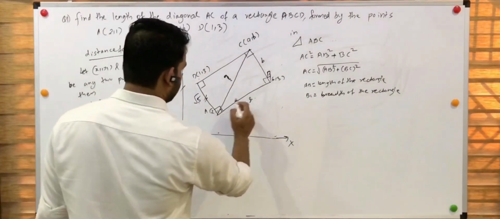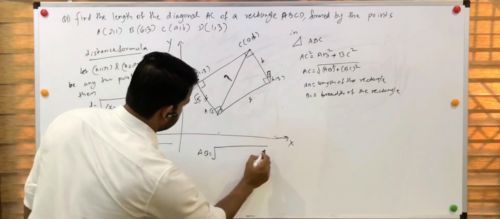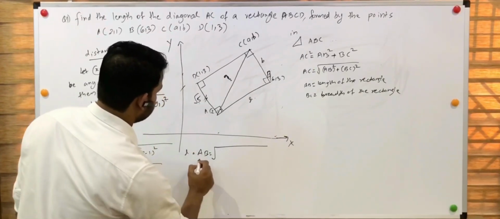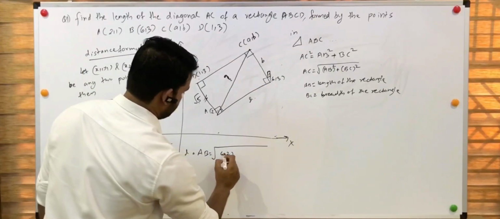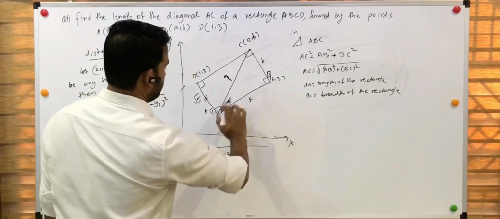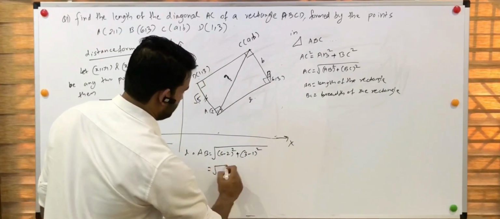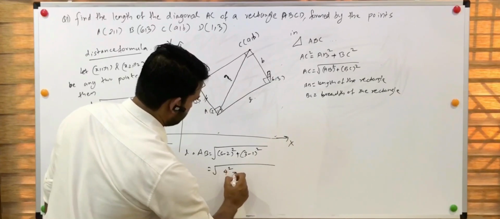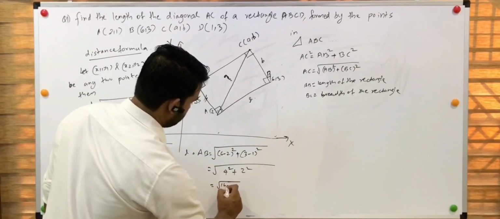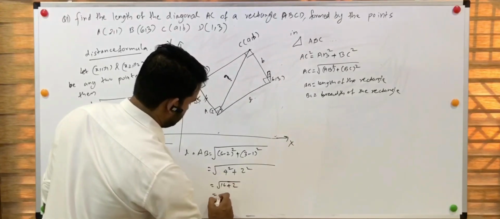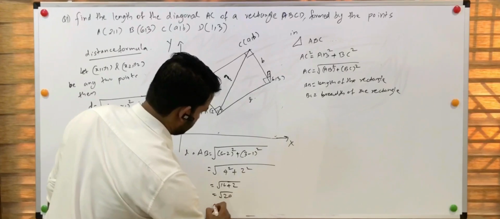Similarly, we can find the length using the distance formula. AB is equal to 6 minus 2 whole square plus 3 minus 1 whole square. So that is equal to 4 square plus 2 square, that is equal to square root of 16 plus 4, that is equal to root 20.